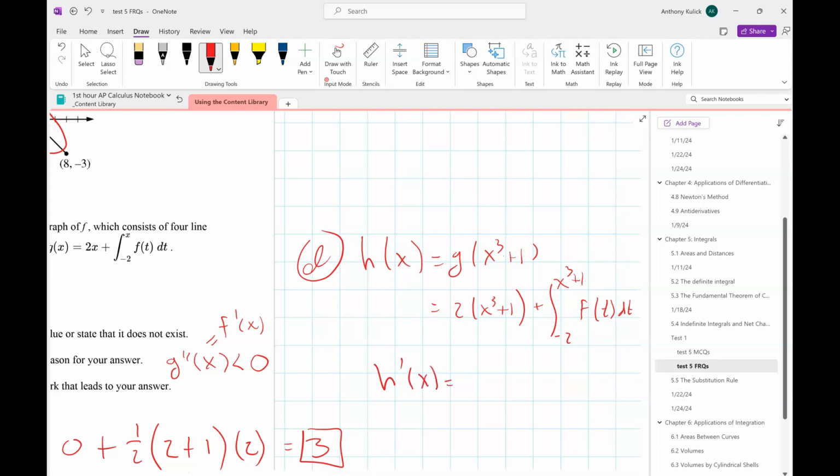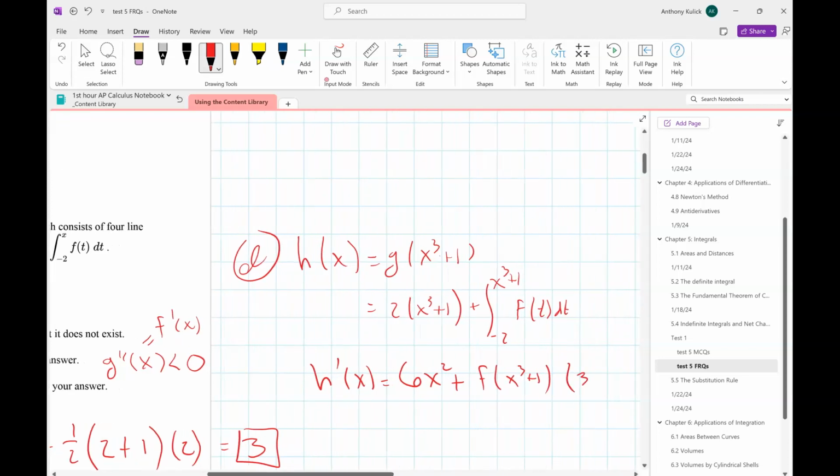So h prime is going to be 6x squared plus f of x cubed plus 1 times 3x squared.